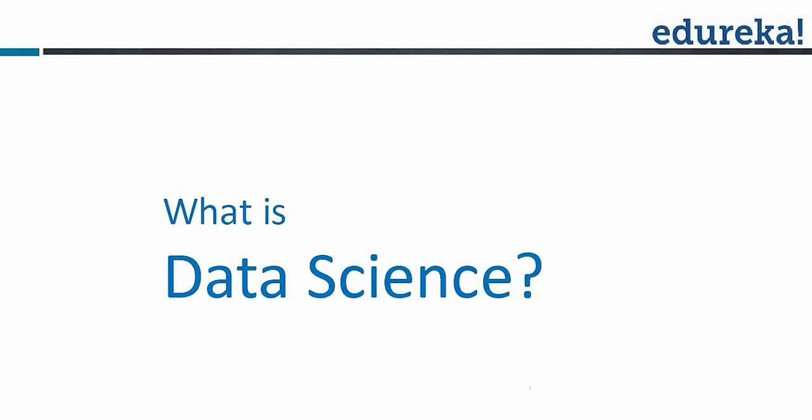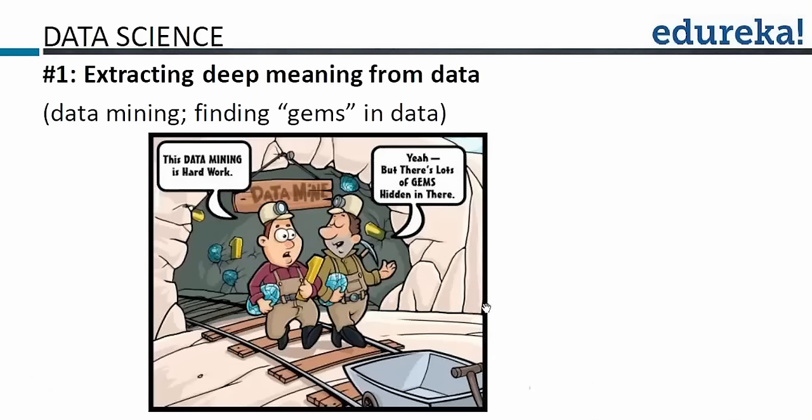So what is data science, right? Extracting deep meaning from data. Data mining, finding gems in data. Data mining is hard work, but there are a lot of gems hidden in there. How many people think that data means a lot, right?